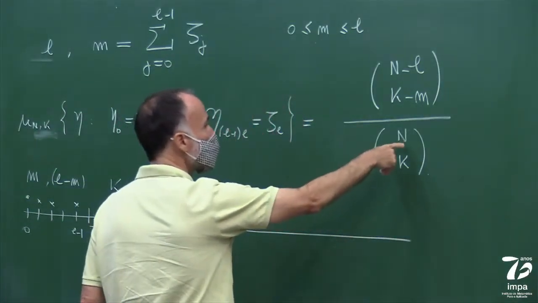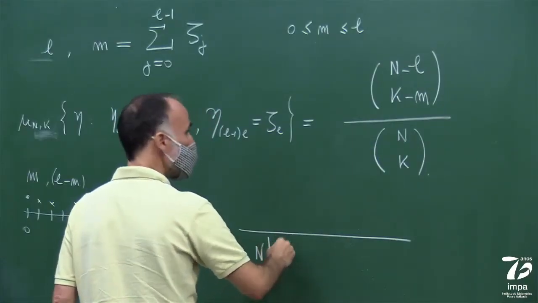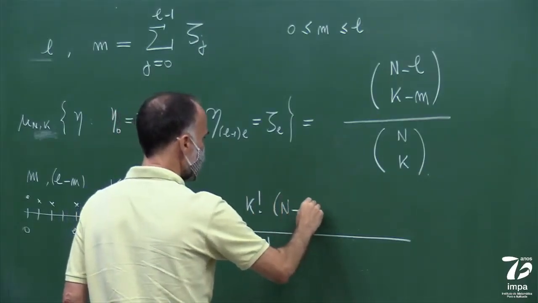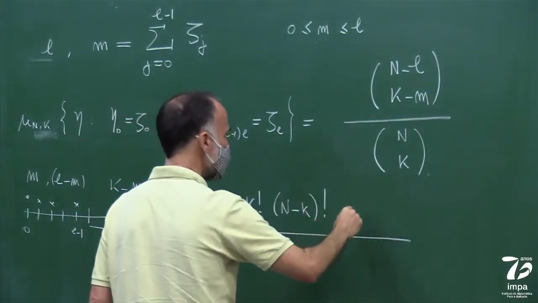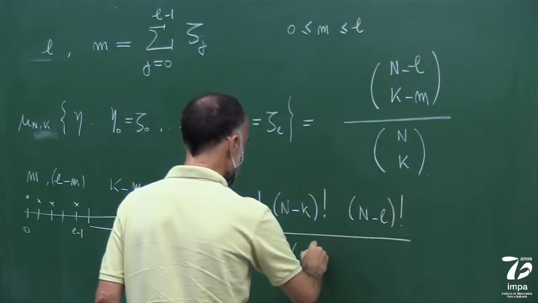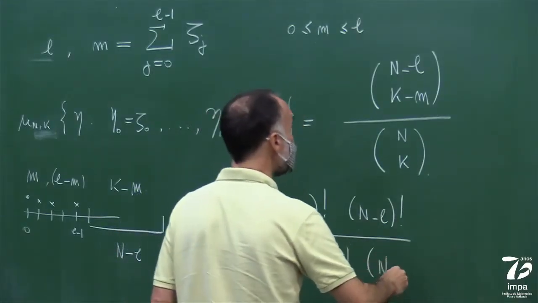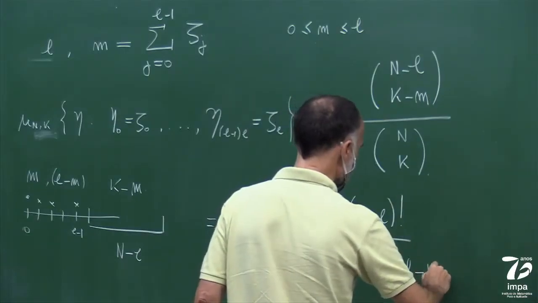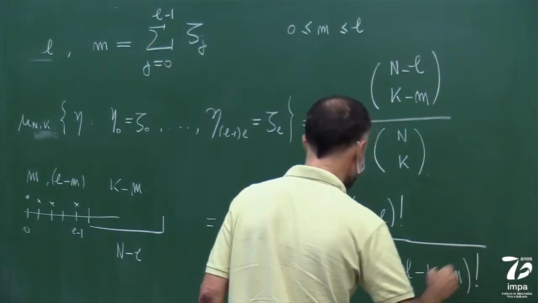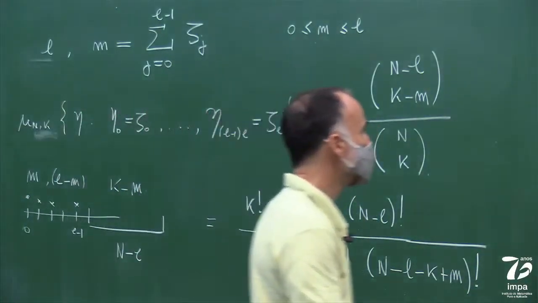So what is this? I have n factorial, and here k factorial, n minus k factorial, and over there n minus L factorial, k minus M factorial, n minus L minus k plus M factorial. So this is this ratio.